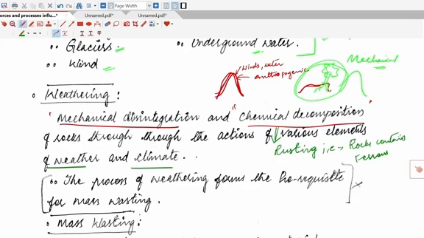So we'll see an example for climate and weather. See, let us consider a rock.